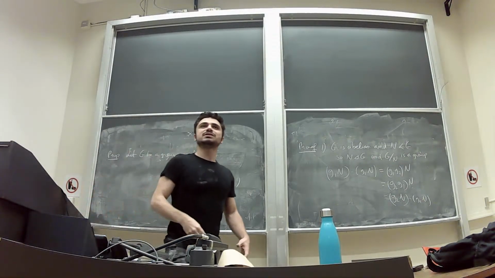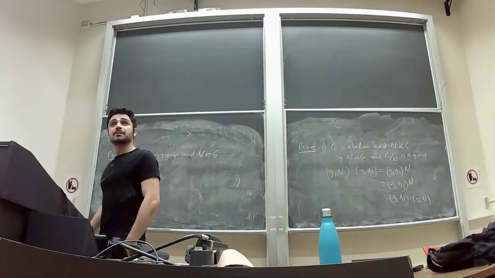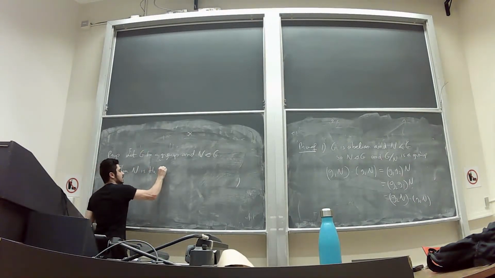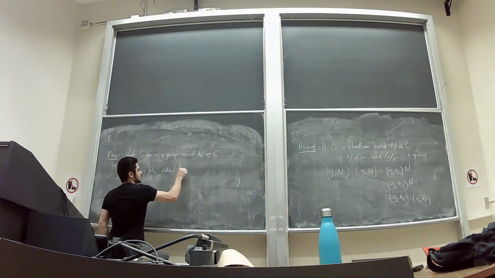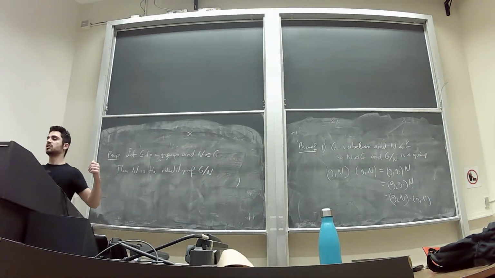What is the identity coset? It's N, right? Then N is the identity of G mod N.